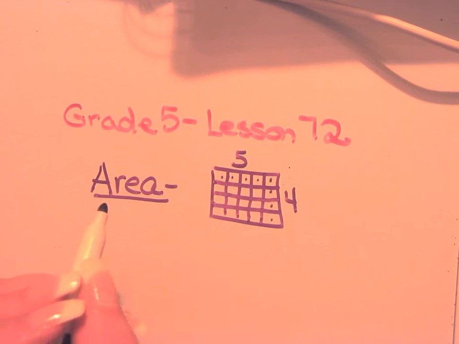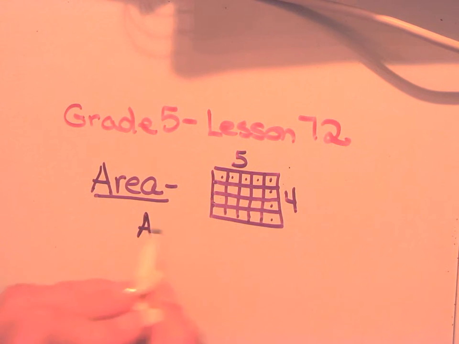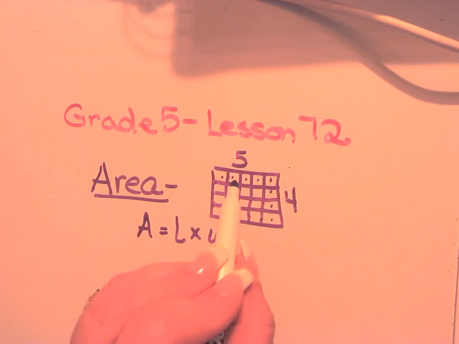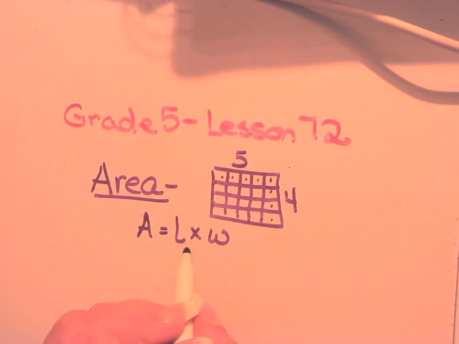So with an area, we have a formula we use, and that formula for an area is length times width. Length times width. So for this particular example, 5 would be our length, 4 would be our width.